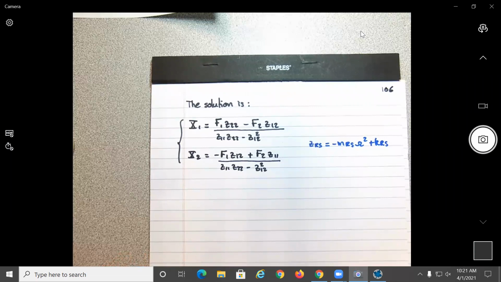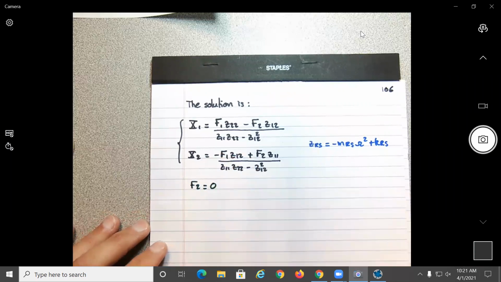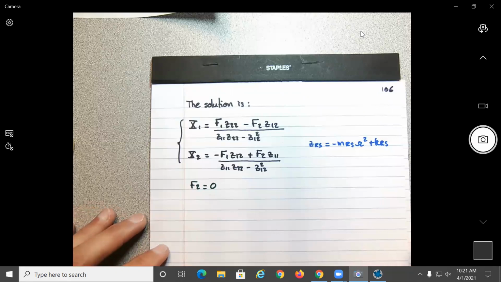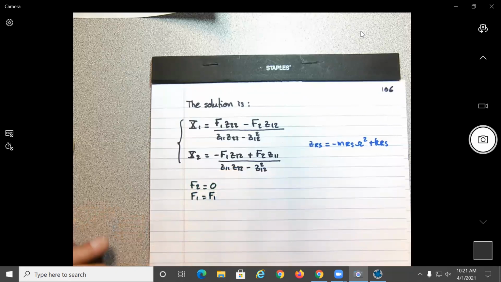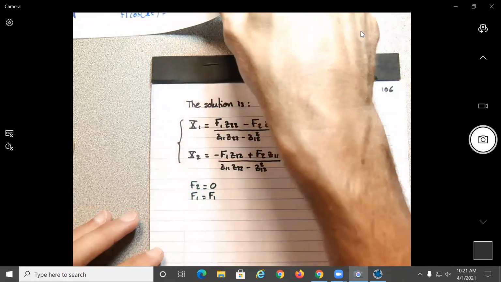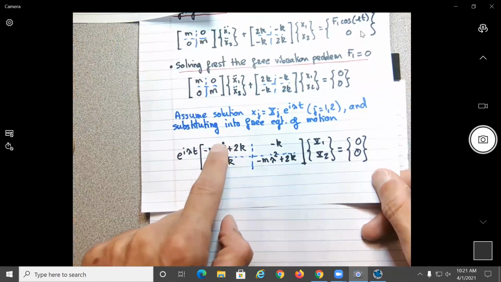Okay, so let's do it slowly since we have time. In our problem, what do we have? There's only force F1, no? There's no F2, so that will be 0. So then we have F1 equal to F1, basically. Not much to say. Then, since these are the same values, these will be the z's, no?